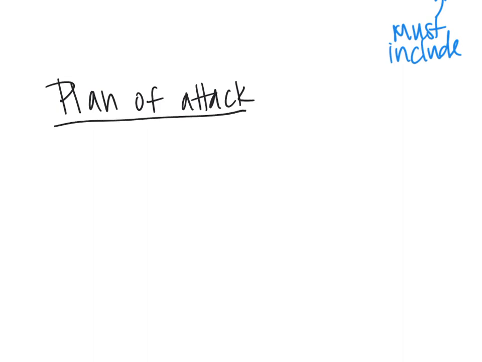So one thing I like to think about is what we like to call a plan of attack. If you're given any chemical equation, how on earth do we start to think about this?